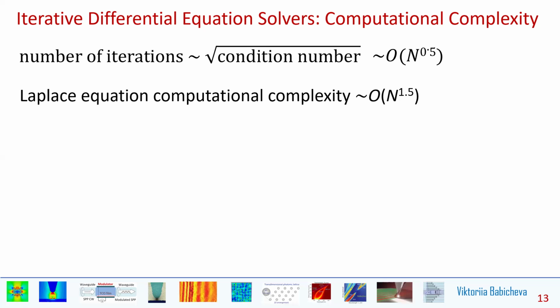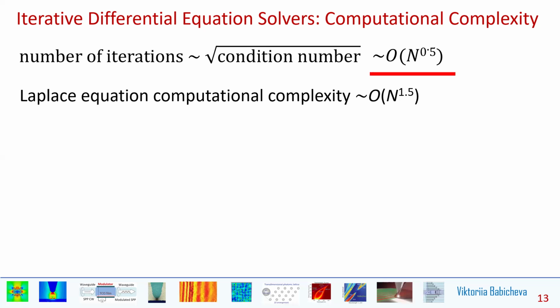And the above simple result also has a physical interpretation. The number of iterations needed to solve the Laplacian problem is roughly proportional to n^0.5, and this follows from the fact that the differential equation operator gives rise to a sparse matrix system.